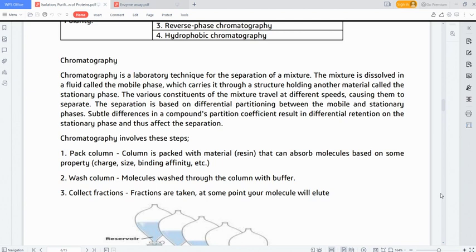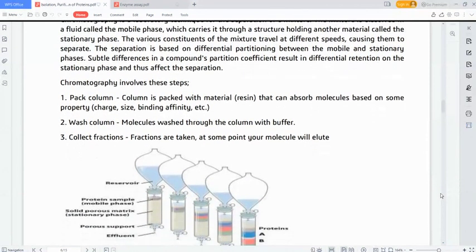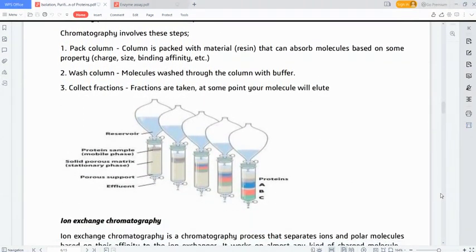Actually, in this course, we are not coming here to begin to look at the principles of chromatography, but the principle is that you have the mobile phase and the solid phase. The mobile phase is your crude protein. The solid phase may be beads, gel, or resin materials with different properties.